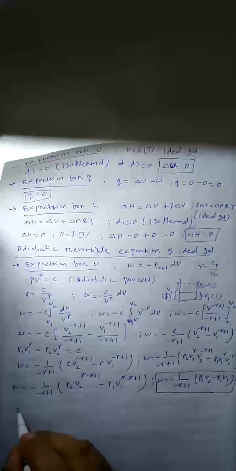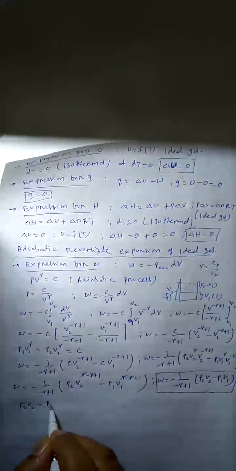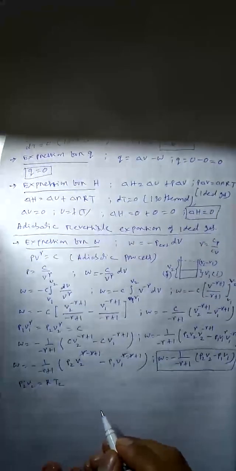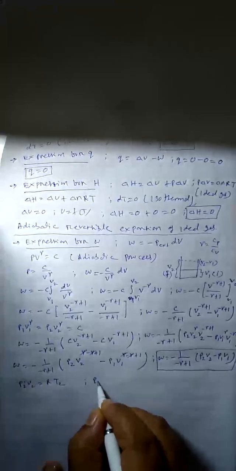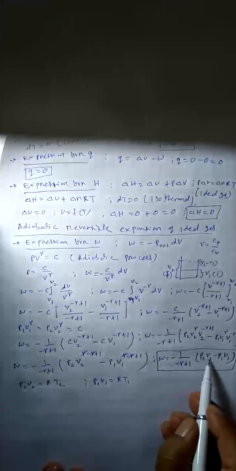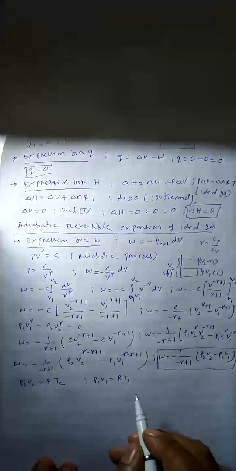As the gas is ideal, we know that P2 V2 is equal to RT2. I can write PV is equal to nRT, n is equal to 1 mole, PV is equal to RT2. Similarly, P1 V1 I can write RT1. So instead of P2 V2 I can write RT2, instead of P1 V1 I take RT1.